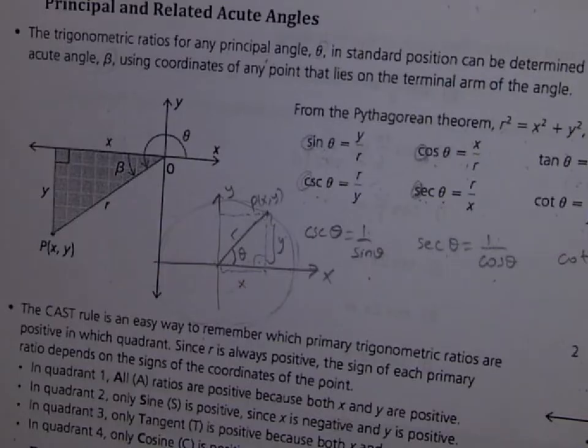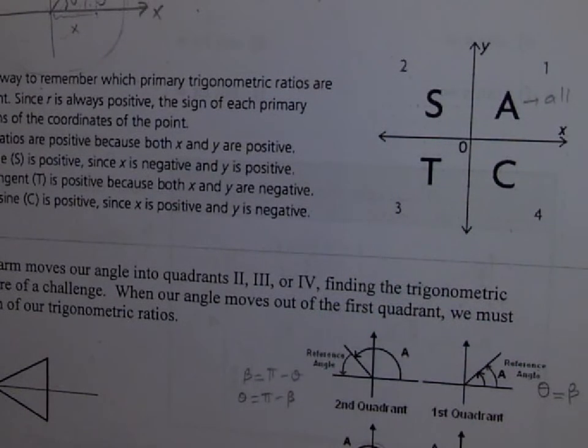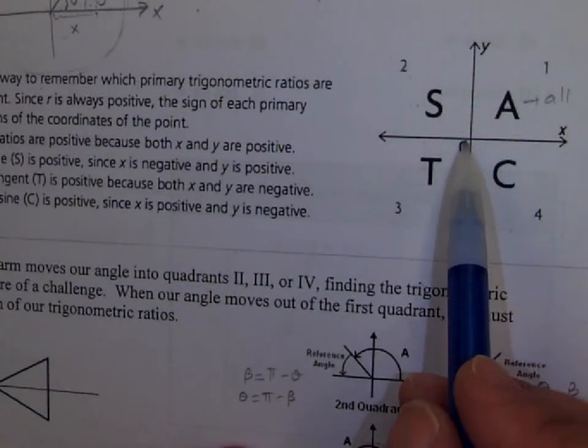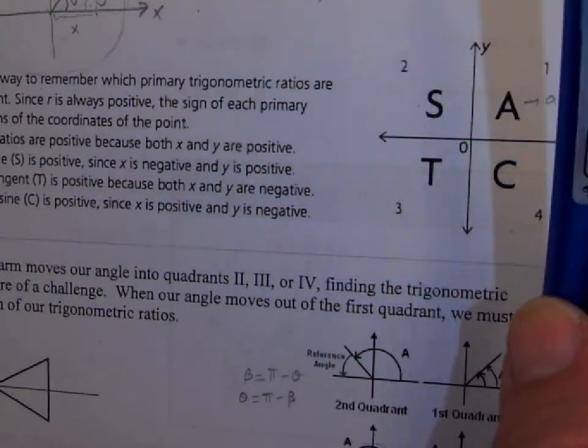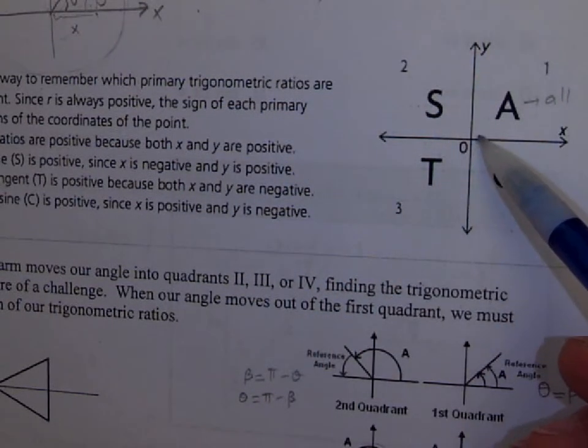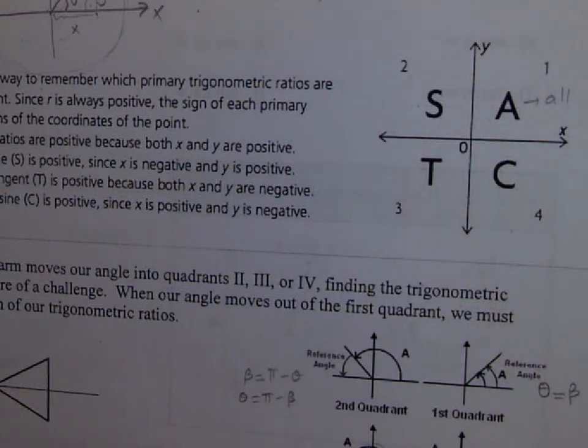So let's look at the CAST rule. Again, you learned this in grade 11. There are 4 angles in this Cartesian plane, within 360 degrees, that are related.